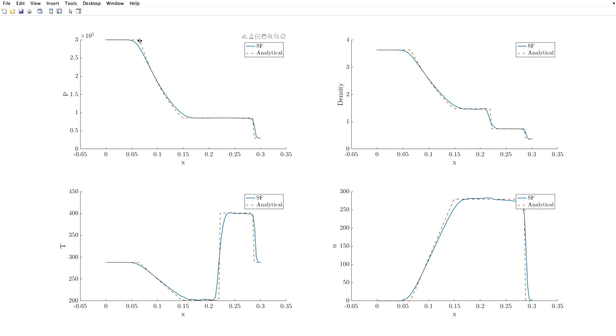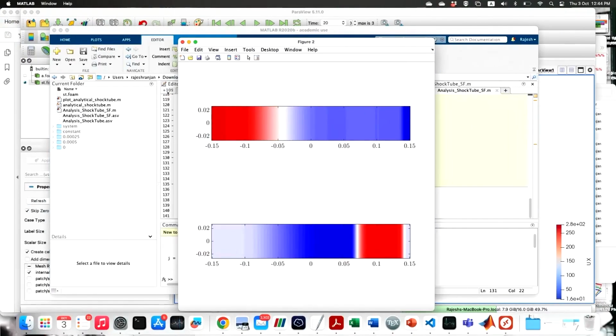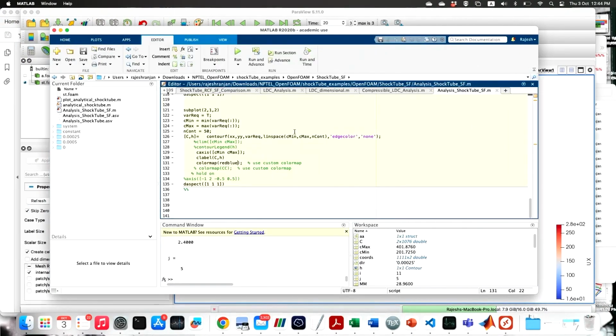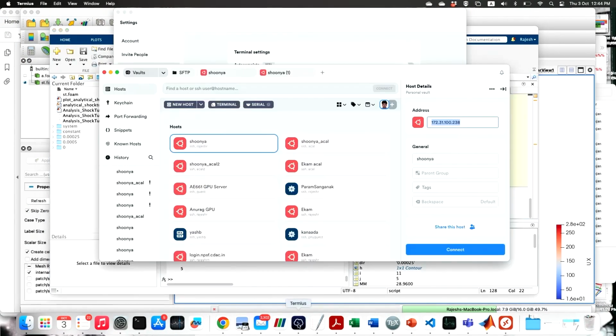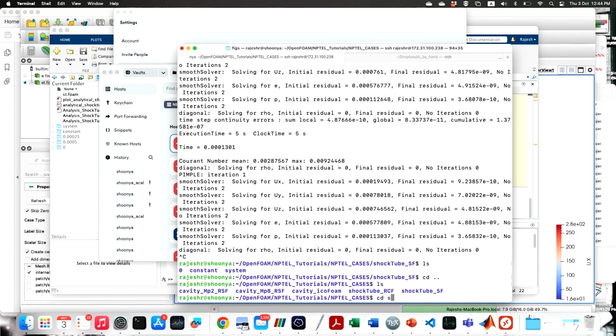It is not able to capture the sharpness here, and that is a typical feature of any dissipative solver, that it gets dissipated near the discontinuity, right. You can increase the resolution and predict the discontinuity better, but what we will do, we will use the same thing for the rhoCentralFoam solver, which is a more accurate solver. Okay.